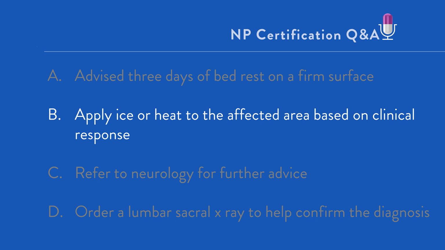And one more adage, never do a test that doesn't contribute to your diagnosis and or address your treatment plan. It is as simple as that. So no back x-rays. There was no trauma history mentioned here. And we were told that this is a 40-year-old adult with LS strain. We're going to go along with that.